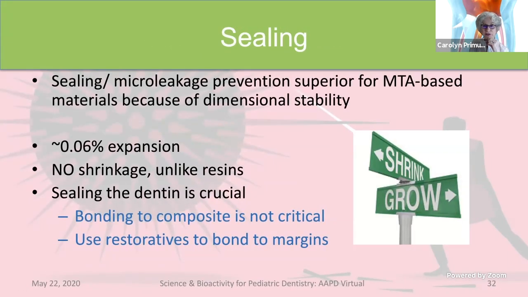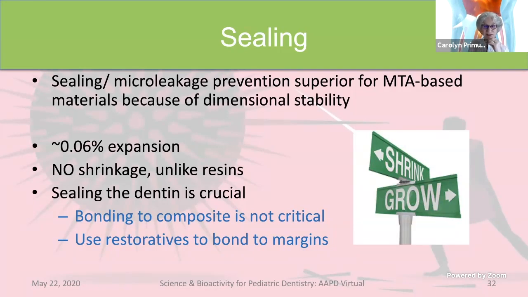When it comes to sealing, the great thing that has been found for the MTA products is that they're very dimensionally stable. And that's the whole reason why Portland cement type materials or tricalcium silicates enable us to build tall buildings, because when you pour it, they don't shrink and they don't expand. And that's a benefit over the materials you often use, which contain resins, which always shrink.